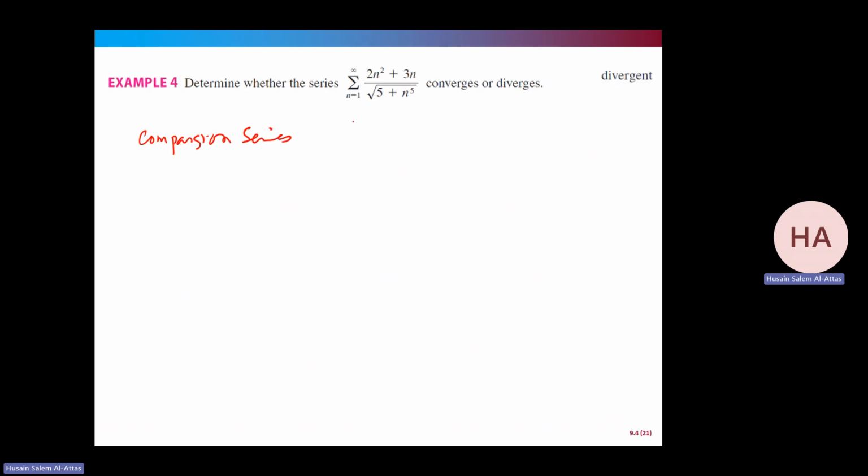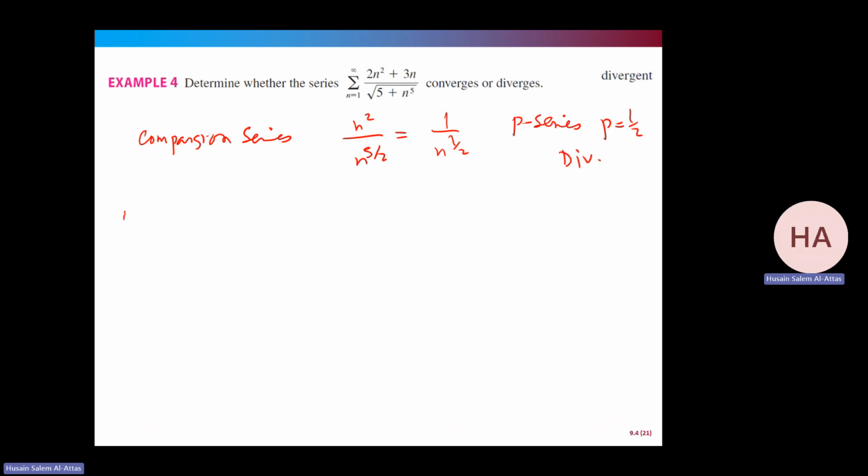I have n squared over n to the power 5 over 2. That will be my bn, which is 1 over n to the power half, which diverges, a p-series with p equal to half, diverges.